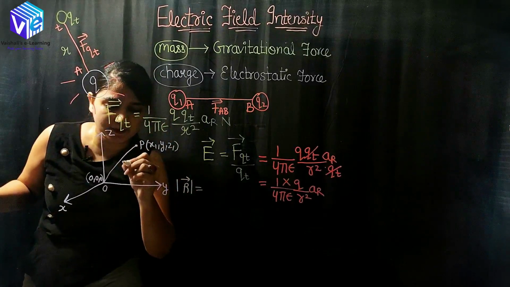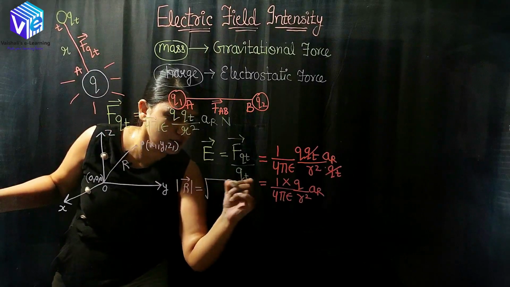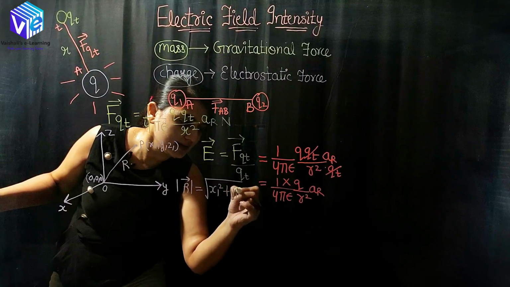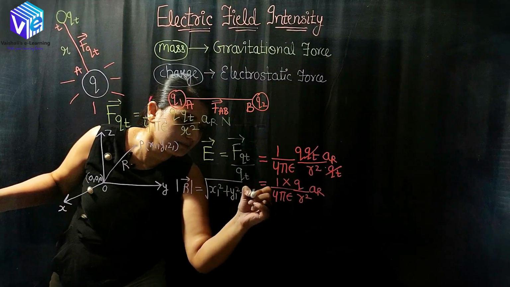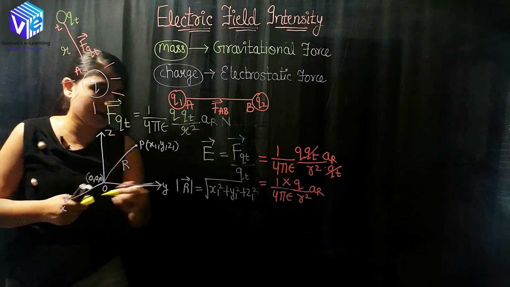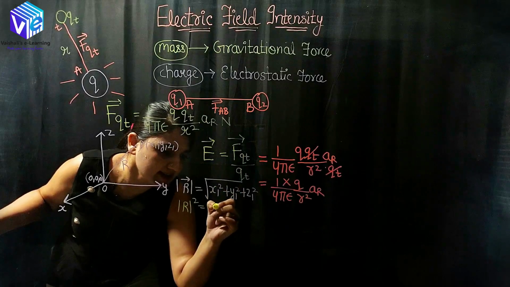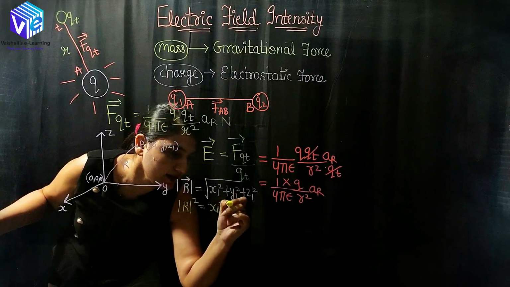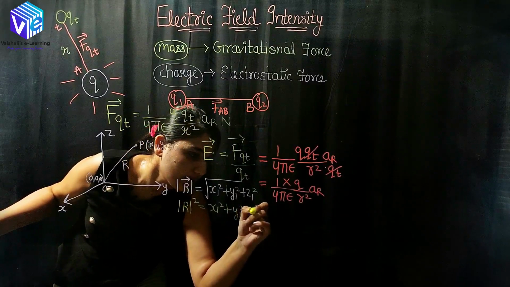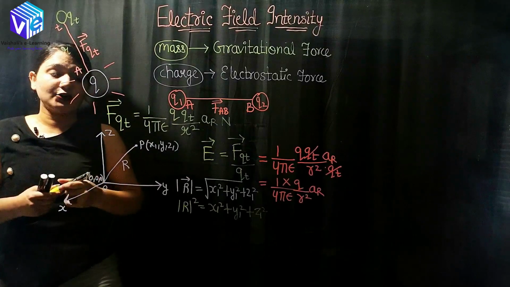R is the distance between O and P, and its magnitude will be the square root of x1 square plus y1 square plus z1 square. So R square, with the square root cancelled out by the square, will be x1 square plus y1 square plus z1 square.